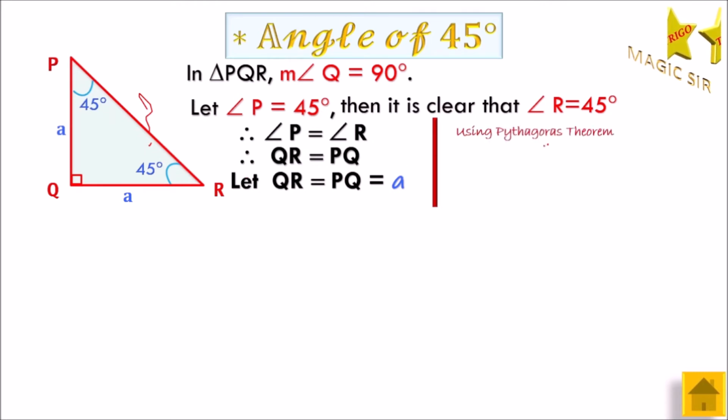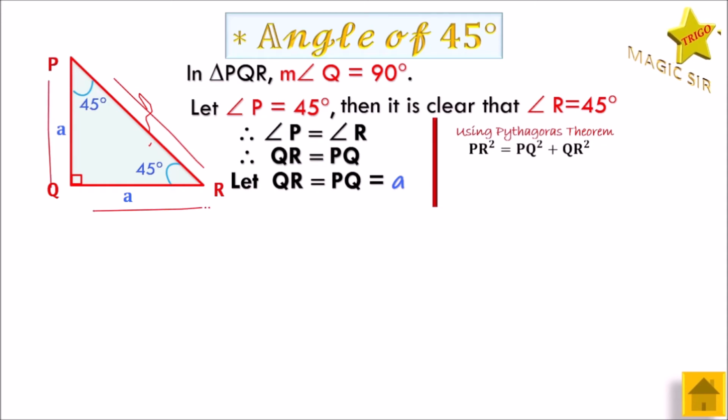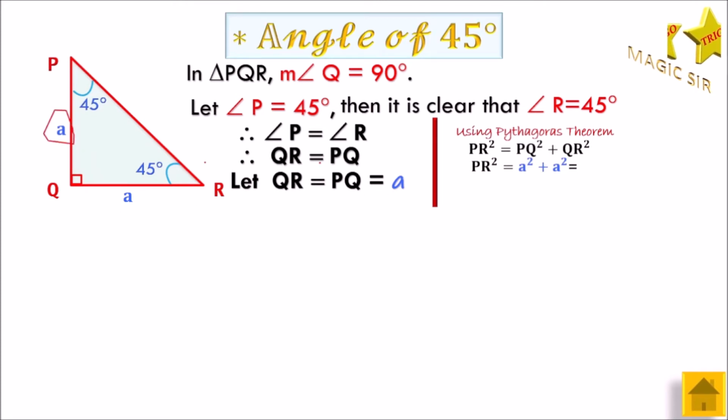Using Pythagorean theorem, we have PR square is equal to PQ square plus QR square. But PQ equal to A, QR is equal to A. So we put PQ square is equal to A square and QR square is equal to A square.